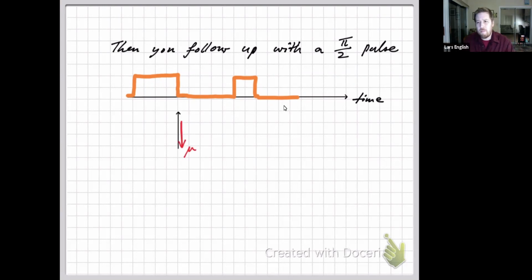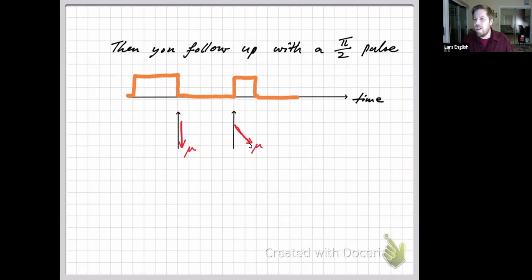So at the end of the first pulse, the pi pulse, we said that the spins were now pointing down, all of them. And so then if there is this T1 process happening, we wait a little while. Then at the beginning of this pi/2 pulse, they will have already maybe tilted back to their lower energy configuration.